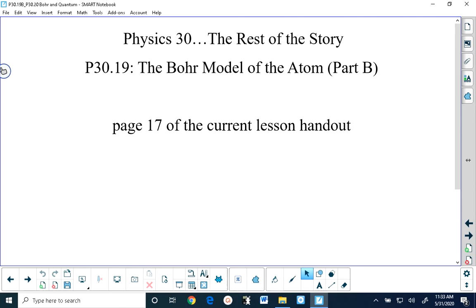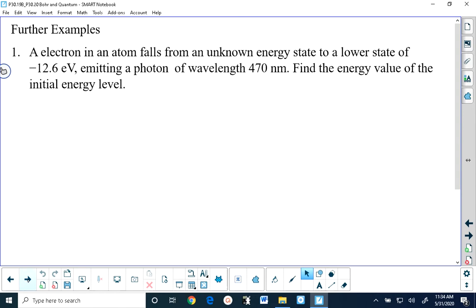So we're looking on page 17 of your current lesson handout, and the first example says you have an electron that's in an atom and it falls from an unknown energy state, emits a photon, and ends up in a lower energy state, and you know the energy of the lower energy state. You're told if the wavelength of the photon is 470 nanometers, what was the energy value of the initial energy level?